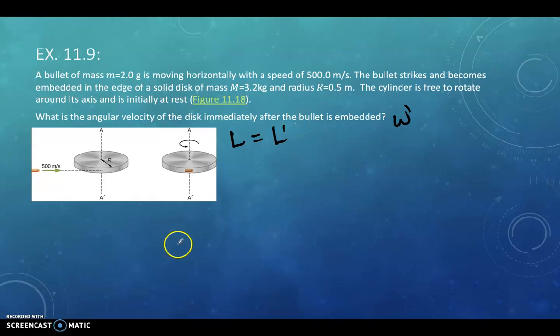In this first case we will have L sub b from the bullet, and this will be mv times r, since it is our momentum times the radius.